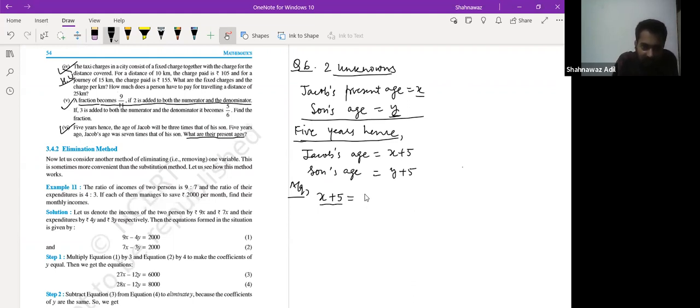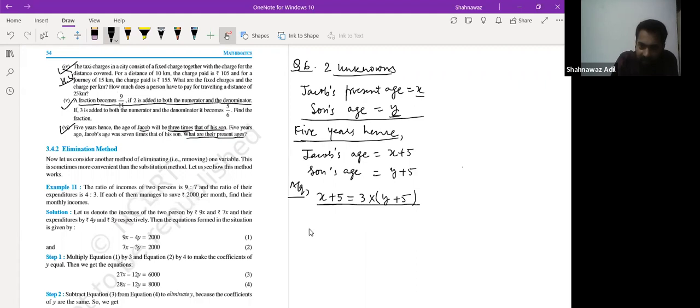And what will be the equation here? Adil, please help me. This will be 3 times that of his son, right? So what is the son's age? Y plus 5. So this is the first equation.